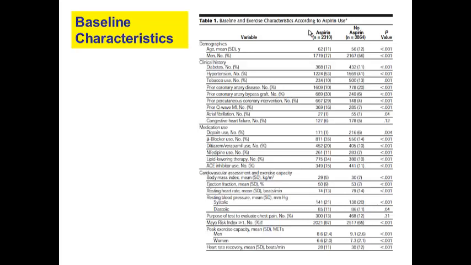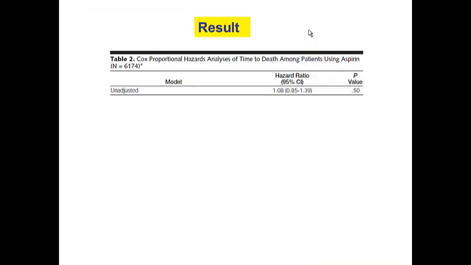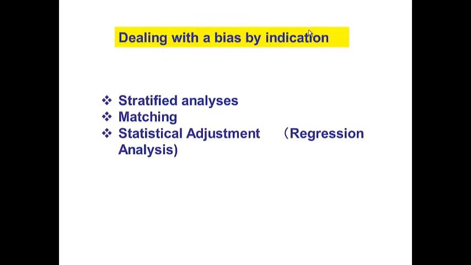So if you ignore that fact and directly compare the aspirin to non-aspirin group, you may not be able to detect the effect of aspirin. So this is called a bias by confounding, and especially in pharmacoepidemiology, when the confounding occurs for the effect of a drug in an observational study, we call this a bias by indication, because people who use a drug have an indication to use the drug.